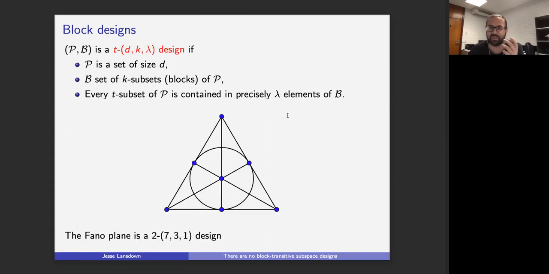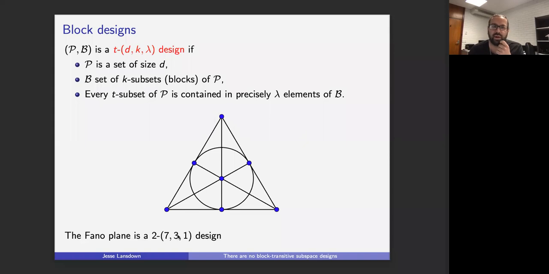So here's a classic example. You've probably seen this in different settings, the finite plane. It arises in all sorts of situations, such as being the smallest projective plane, but it's also a block design. It's a 2-7-3-1 design. So you can see there's 7 points. If we look at the lines, then there's 3 points on each line.